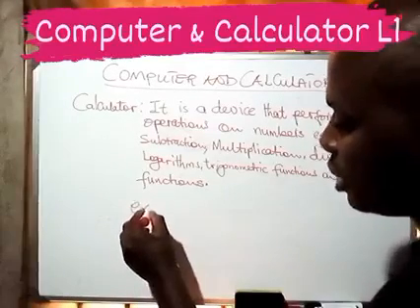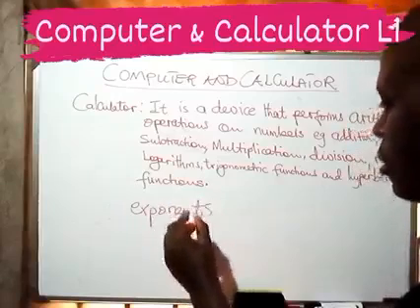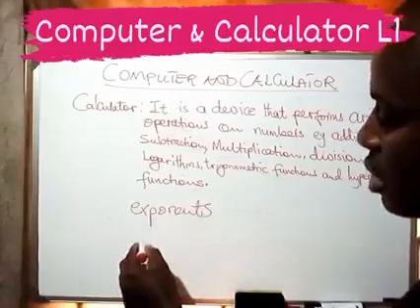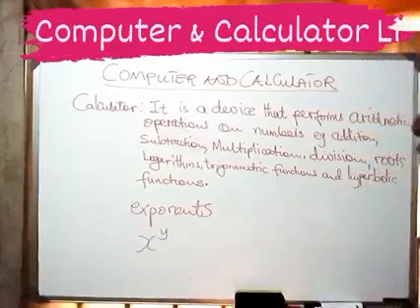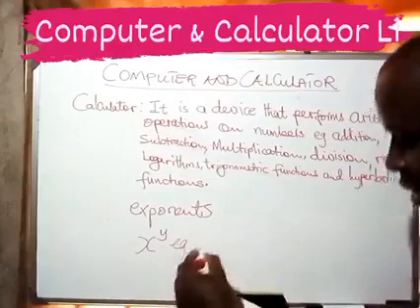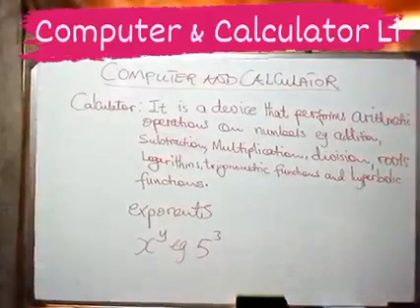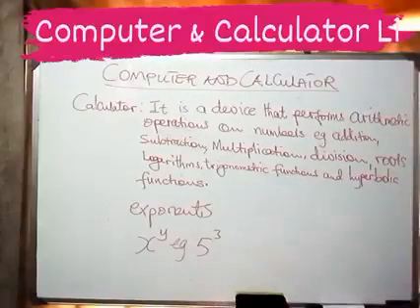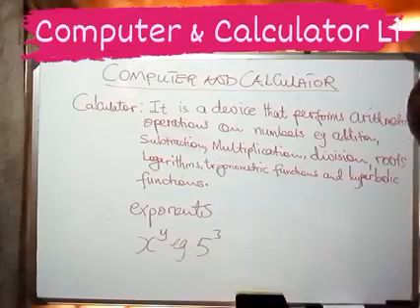So by exponents we mean things like this: x to the power y, e.g., we can say 5 to the power 3. These are exponents because there is a base and also an exponent there. These are exponentials.